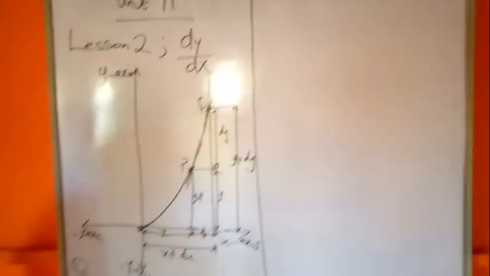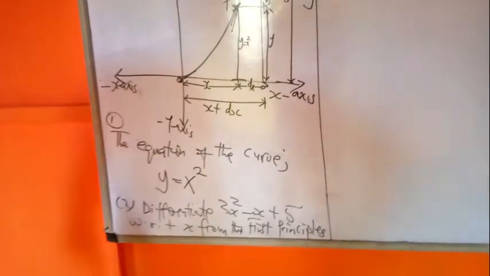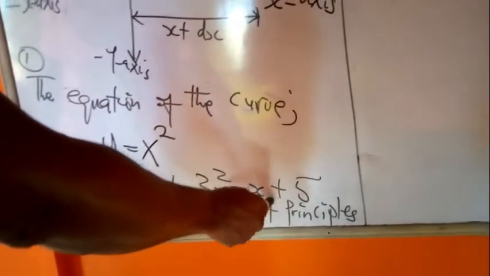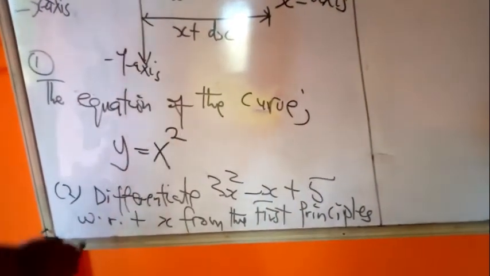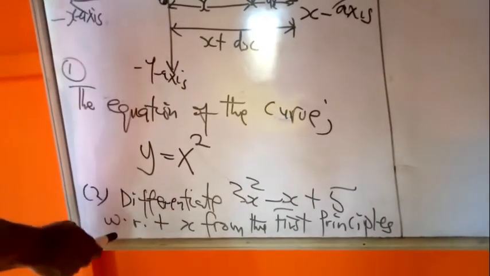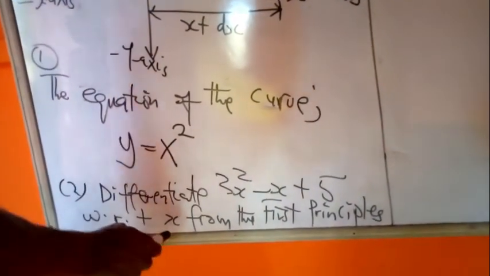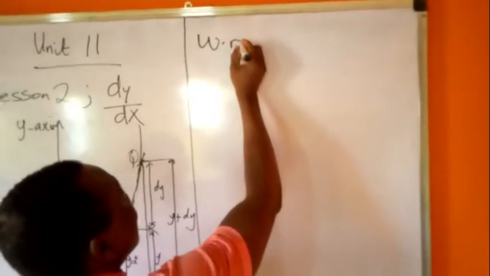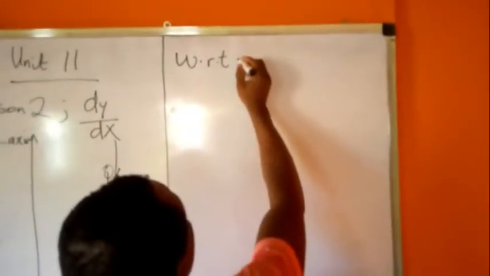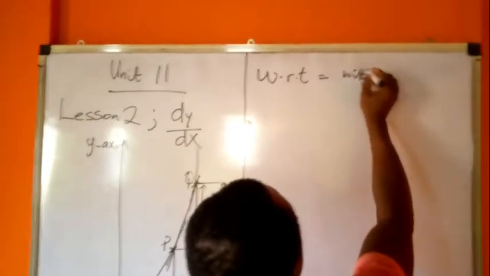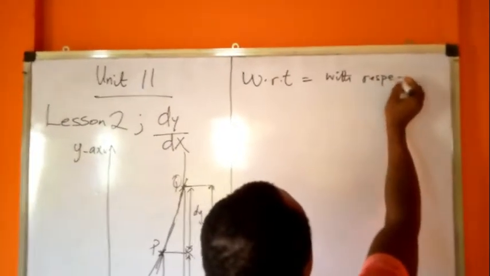Let's look at the second equation. Differentiate 3x squared minus x plus 5 with respect to x from the first principles. So I will want to write what I mean by w.r.t. It simply means with respect to.